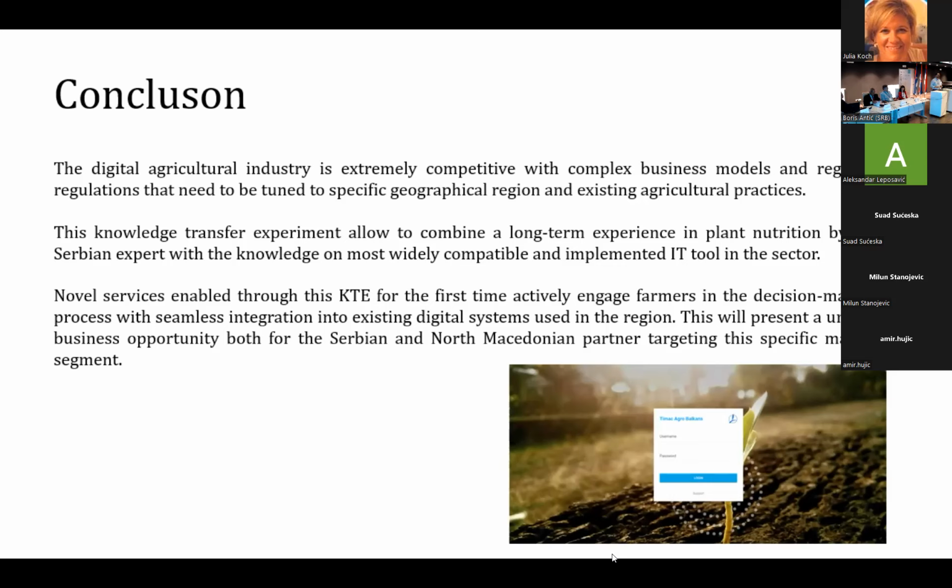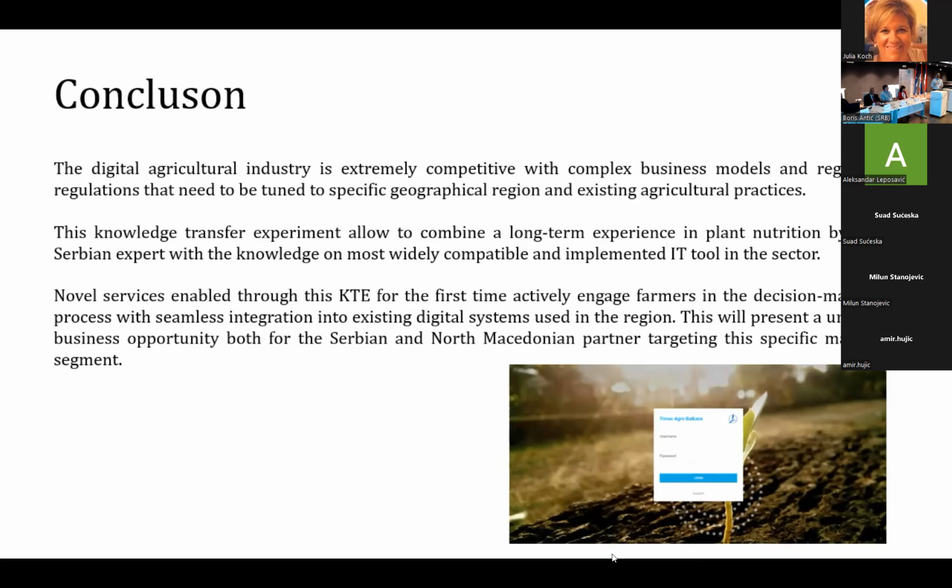You must customize on the level of the parcel, and you must customize the solution on the level of the farmer. You must have these ideas in front of you, because it's not working if you want one solution for all. This is for sure.